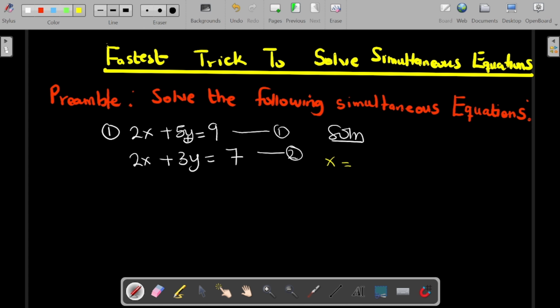We are going to take the coefficient of the y, which is 5, and then multiply it by 7. So 5 times 7 is 35, minus, we take the 9 times the 3. So 3 times 9, which is 27.